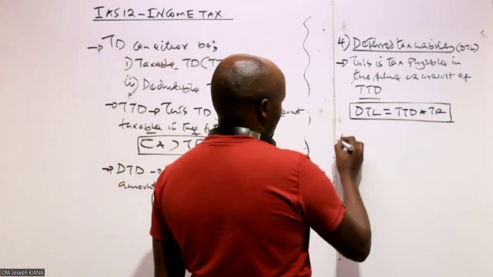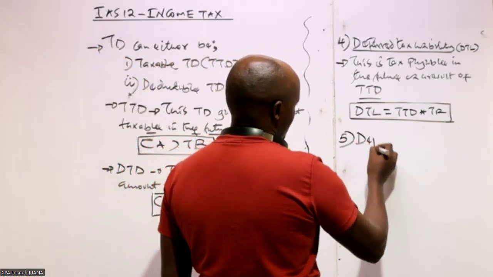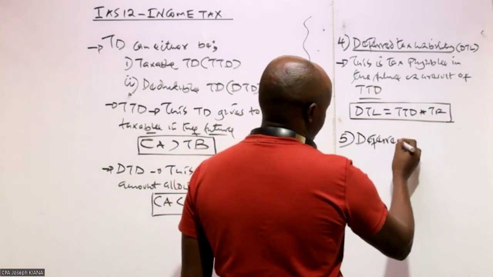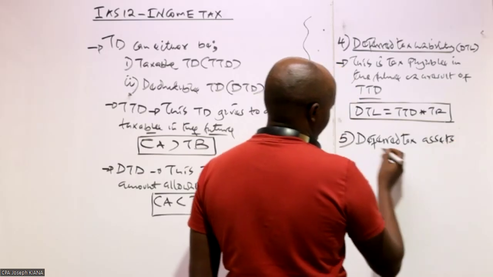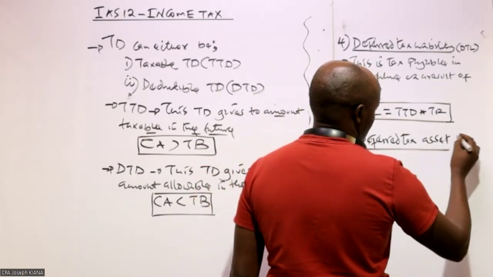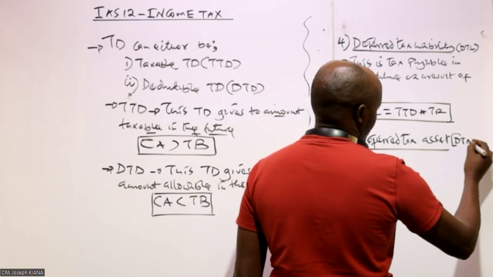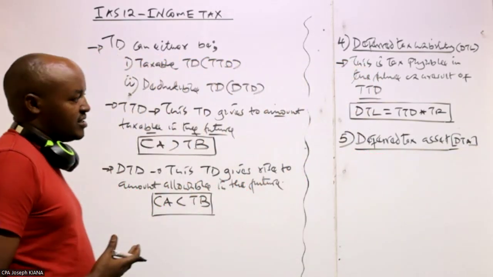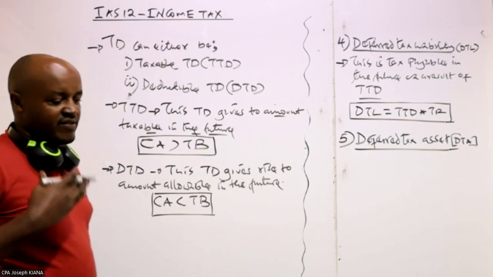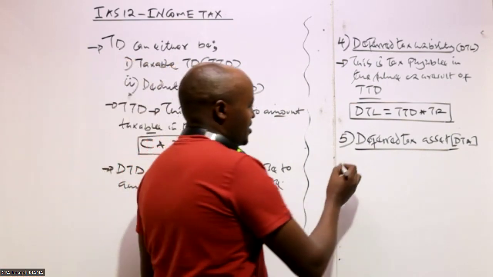The other term, number 5, is deferred tax asset, abbreviated as DTA. A deferred tax asset, on the other hand, is a tax recoverable by the company from the tax authority in the future.